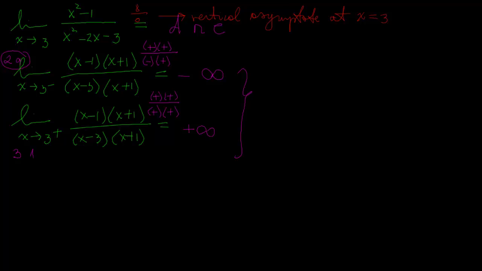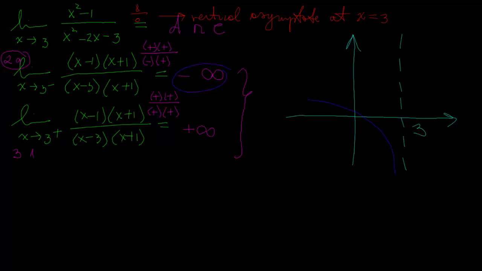And more so, we've been able to determine the shape of our graph. So looking at the graph and the asymptote at x equals 3, we've determined that to the left of 3, the graph shoots down to negative infinity, and to the right of 3, the graph shoots up to positive infinity, and we have the equation for my vertical asymptote x equals 3.